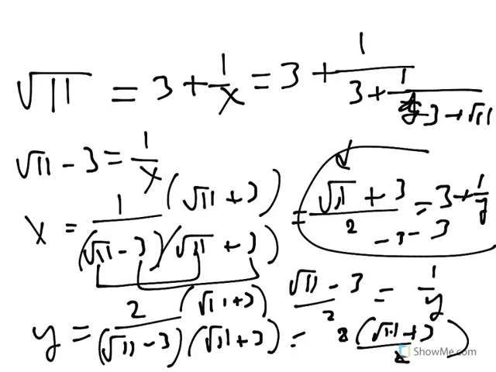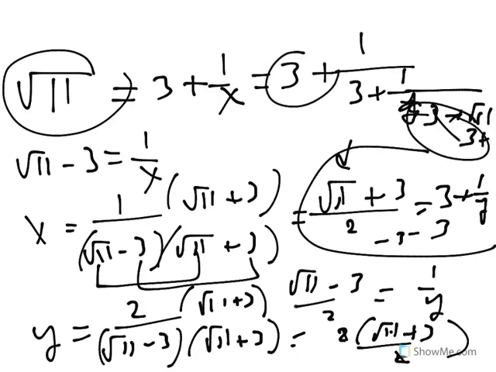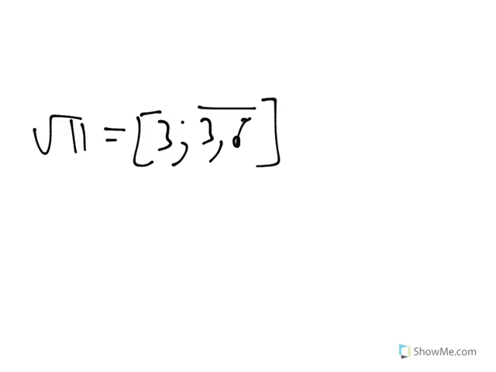But that radical 11 starts with 3 plus, and that's where these two 3's come together to make a 6, and radical 11 is going to alternate 3, 3, 6, going back and forth.